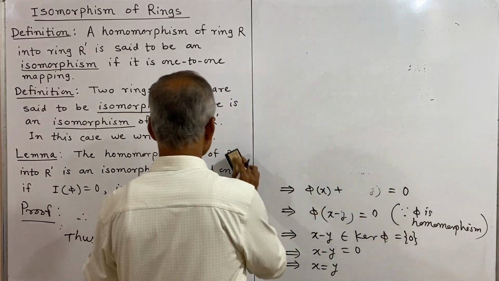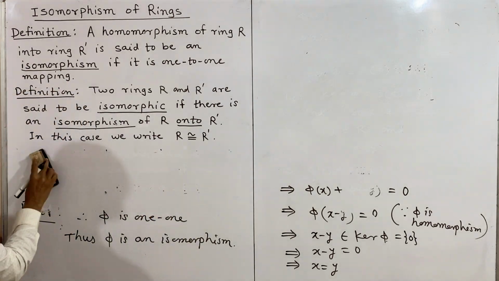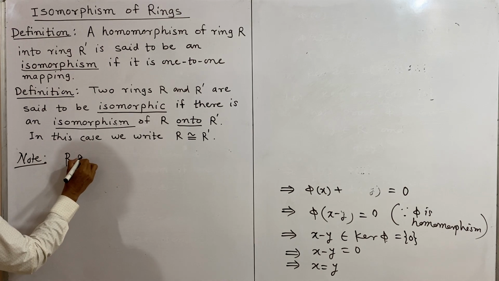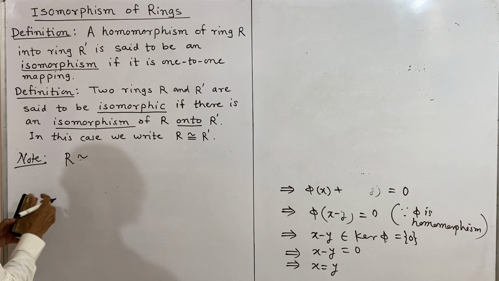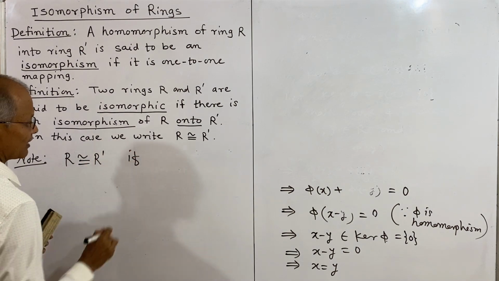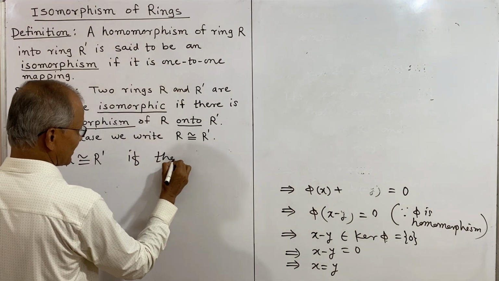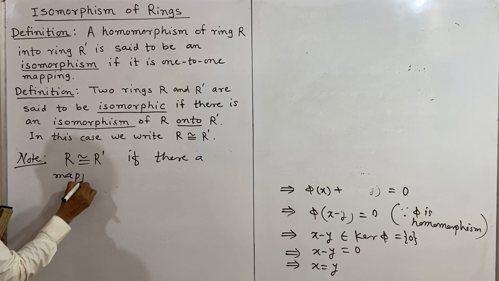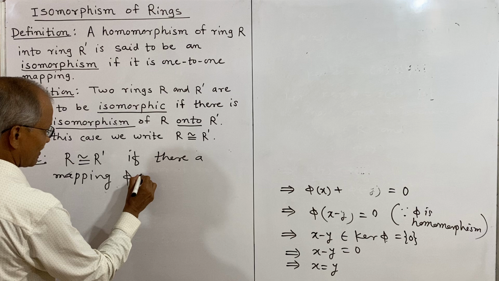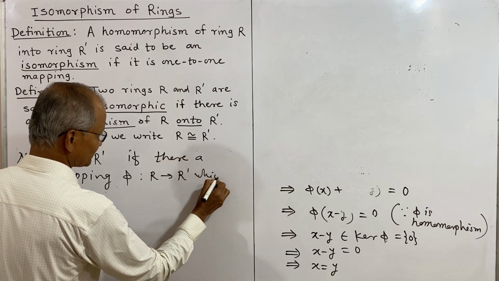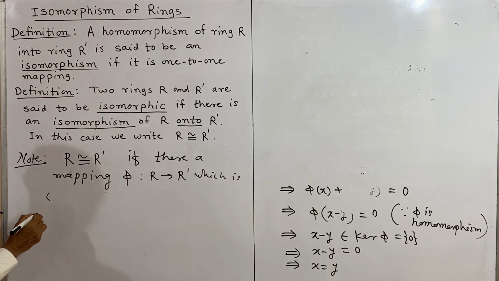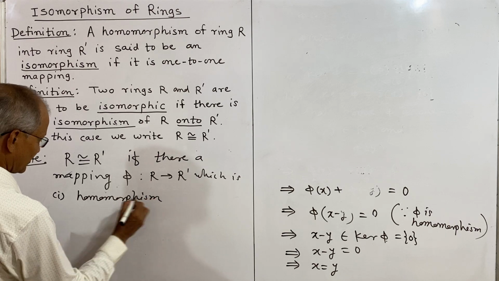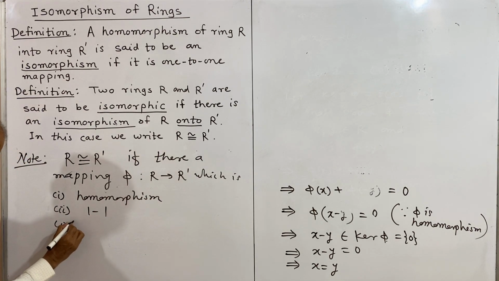That is, R is isomorphic to R dash if there exists a mapping phi which is a homomorphism from R to R dash, first that is a homomorphism, then second is 1 1, and third is onto.